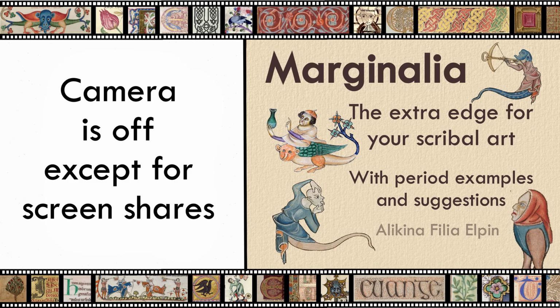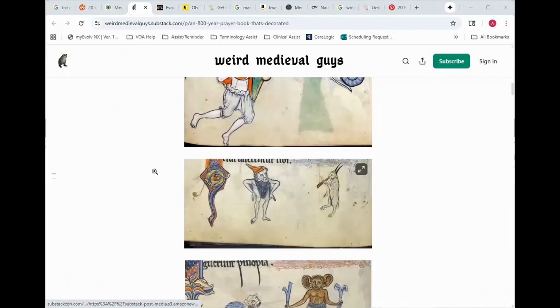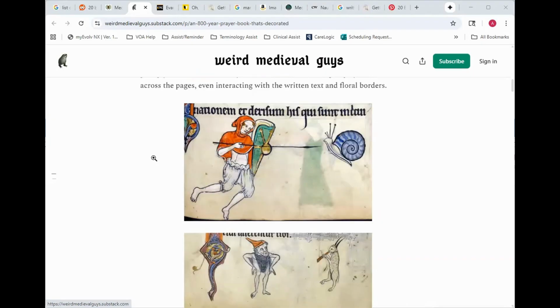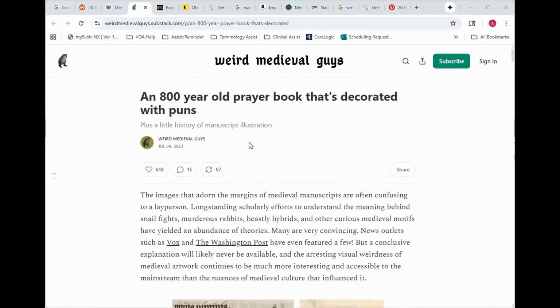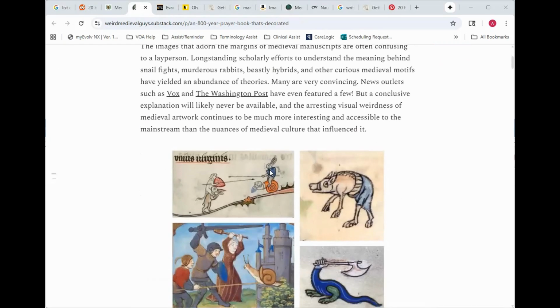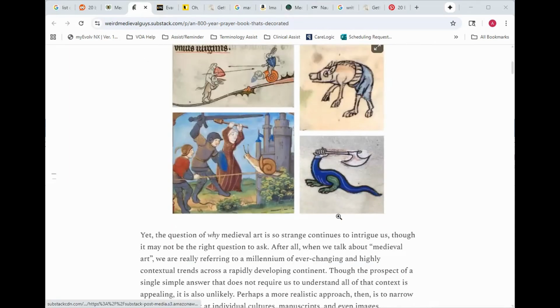But I am currently screen sharing from the site Weird Medieval Guys, and they're describing some things going on in medieval manuscripts. So these are some various pieces from different manuscripts that they've thought were amusing. This first one here, we see people attacking snails.